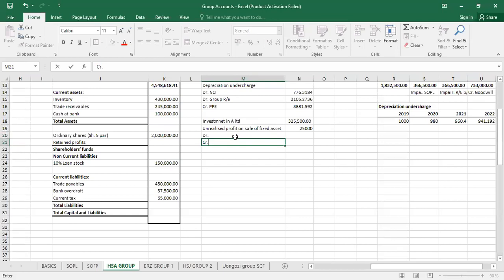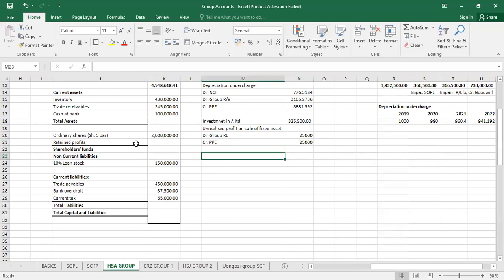So you first credit PPE, the amount 25. Then you debit group retained earnings, which I'll write as group RE. The amount is also 25.